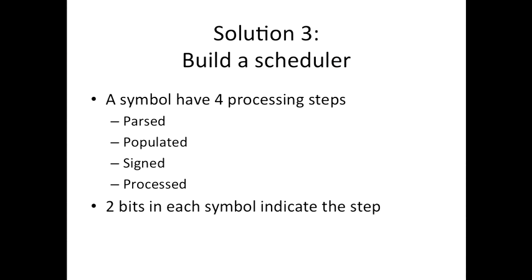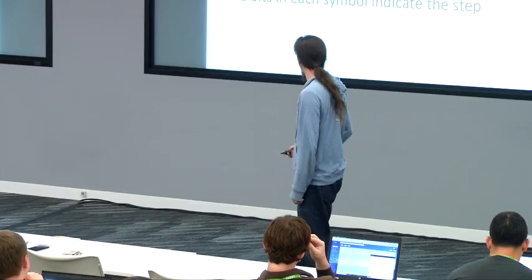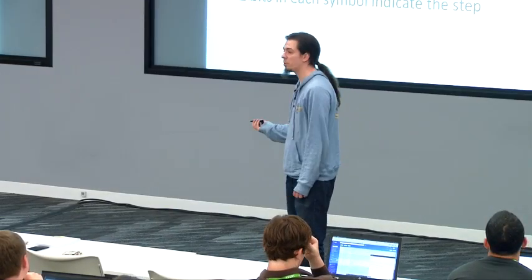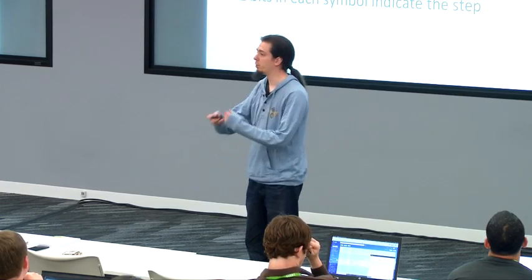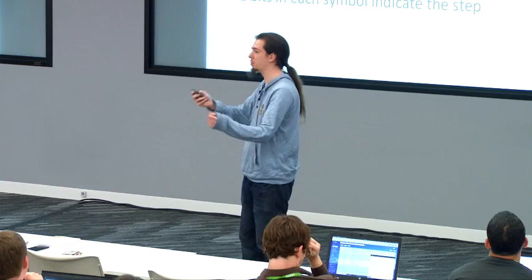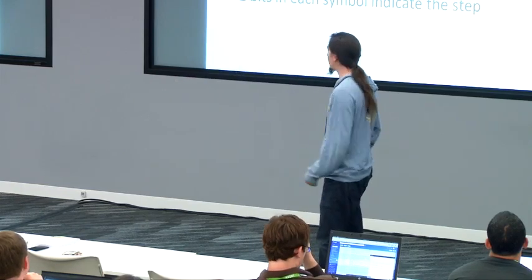Like if I have a struct, I can still resolve method names and stuff like that. Then sign. Sign is like, I know my type, I know my size, this kind of stuff. And then process is like, well, I have done everything, I'm ready to be fed to the backend and do code generation. There are 2 bits in each symbol that just store this information, and the scheduler can look at each symbol, see what step it's in, and go forward with that.